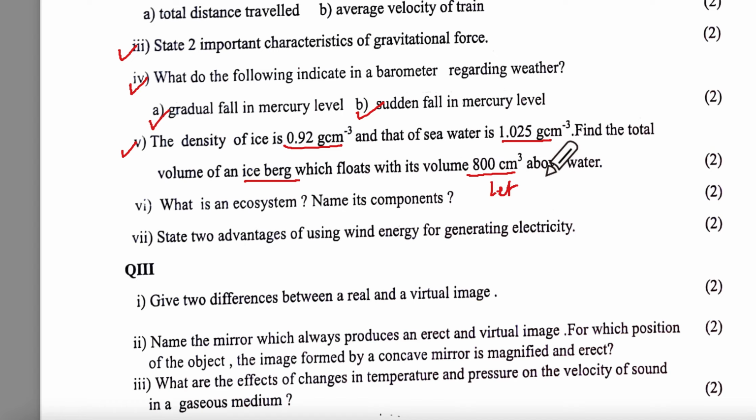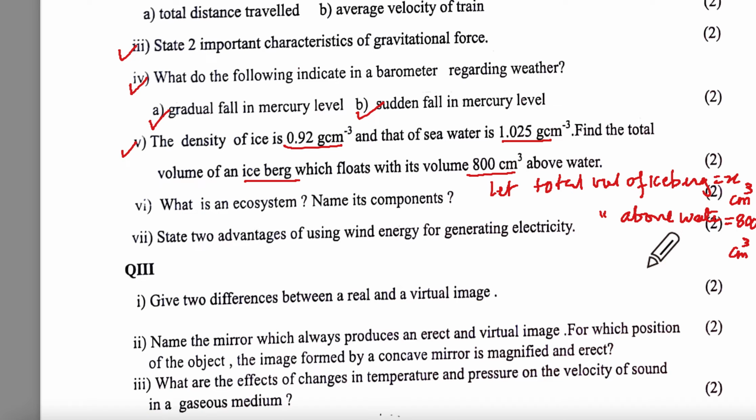So what you will say, let total volume of iceberg, we'll call that as x centimeter cube. Now remember our formula has volume immersed. So volume above water is 800 centimeter cube.